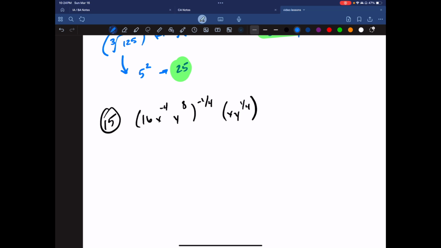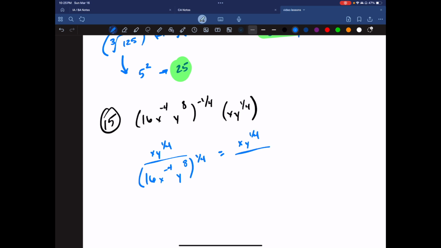So I'm just going to rewrite this: x y to the 1/4 over 16 x to the negative 4 y to the 8th, all to the 1/4. So that negative exponent is dealt with first. You could have multiplied through to begin with to figure that out, but it's all good. Now that we have this here, this is going to be x, y to the 1/4.